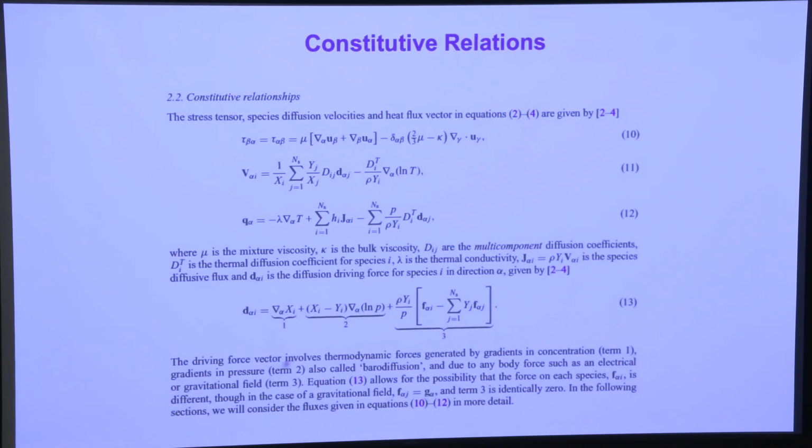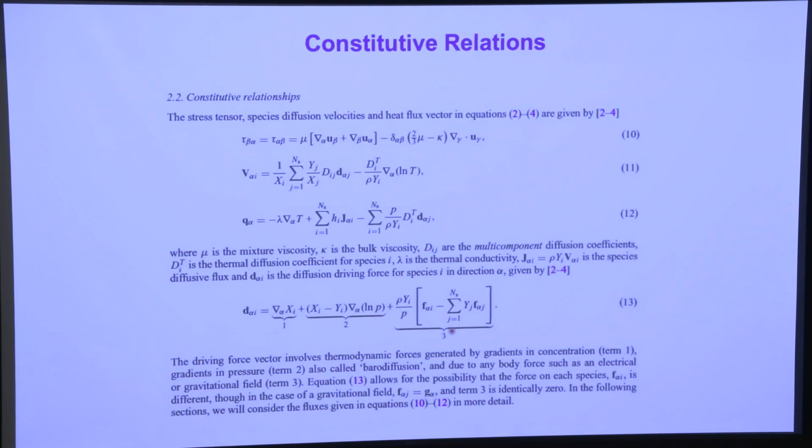The driving force vector here involves thermodynamic forces generated by gradients in concentration. That's this first term on the right-hand side of equation 13. Also gradients in pressure, called barodiffusion, and then any other body force terms, such as the gravitational field in the third term.